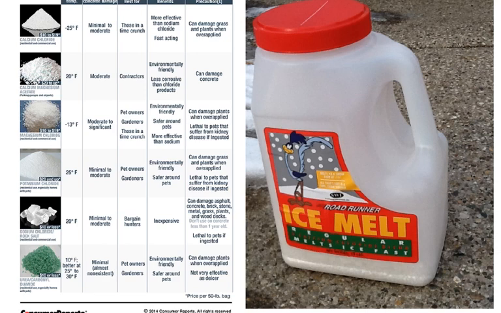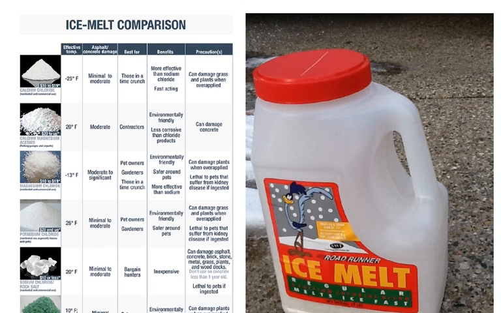What's happening is you're forming a solution of salt and water, and then that has a lower freezing point than pure water, and so it puts it back into the liquid phase, making it less slippery up to a certain point. If you look at my table here, effective temperatures differ depending on what the salt is that you're dumping on the road.